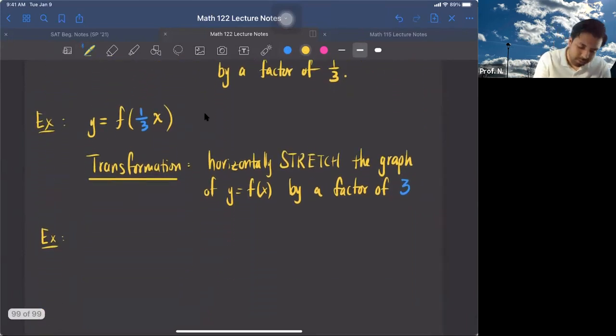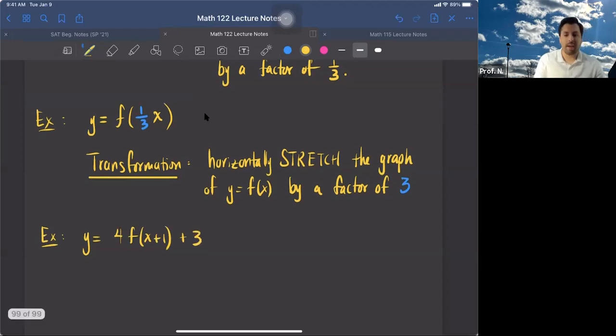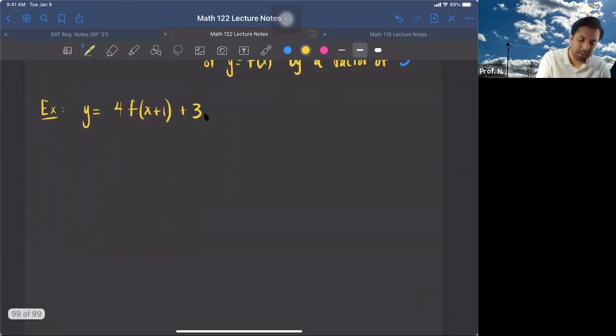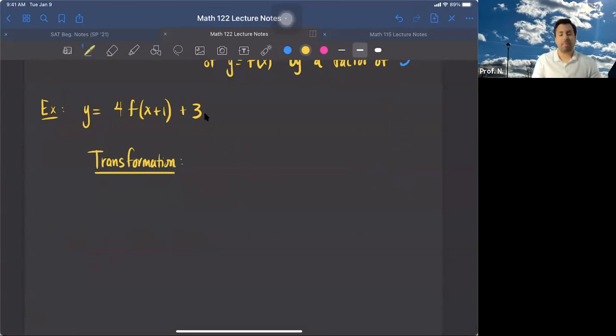How about if I give you something like this? y equals 4 f of x plus 1, plus 3. Do you see this now? I have a combination of things happening, more than one transformation. So what are the transformations that I have?